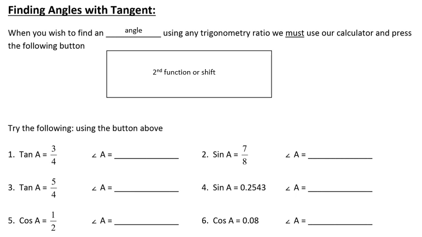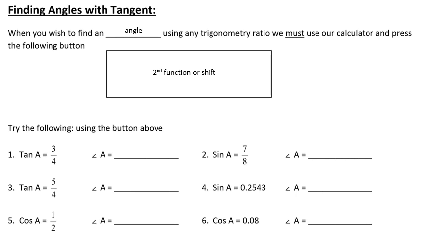If you press tangent first and then the number, well, you're going to press second tan, second cosine, second sine, then the number, and then enter. So the order is the same as it was in the previous problem, but we have to press the second button or the shift button before we press our tan, our cosine or our sine buttons.